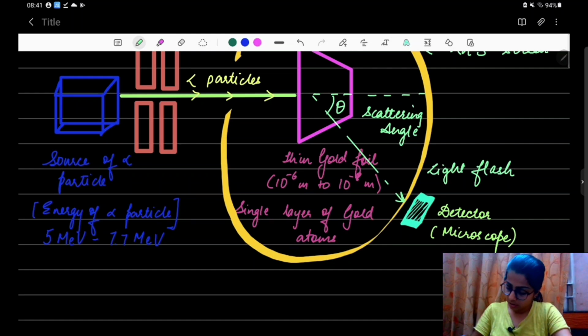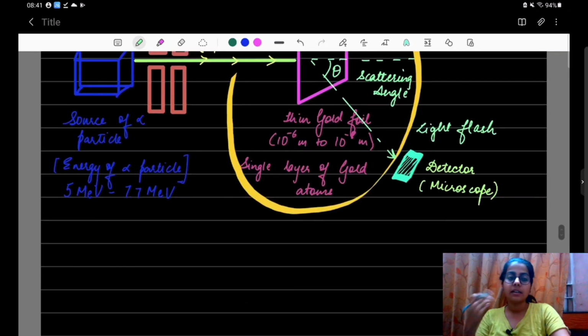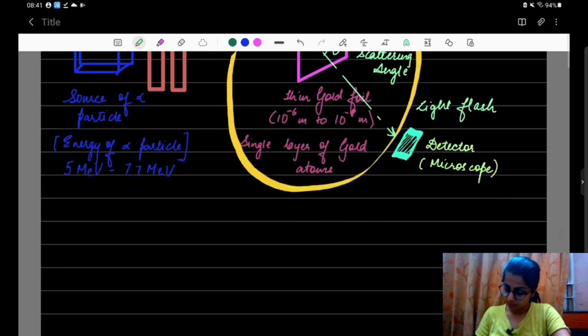So now the setup is clear. We just need to know where alpha particles are striking. Now the important thing is the observations, what this detector is observing. So now we will look forward to the observations.